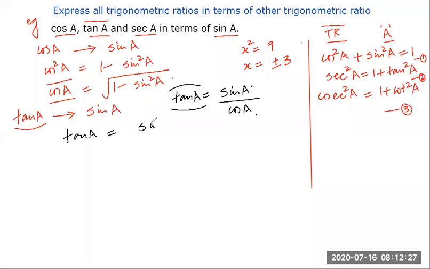So tan A is equal to sin A divided by under root of 1 minus sin square A.